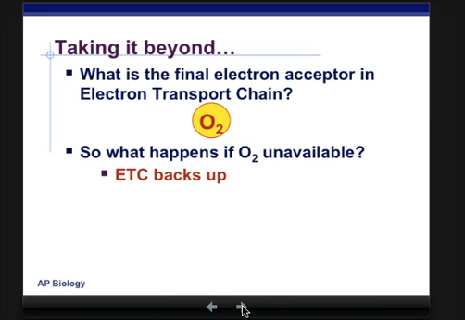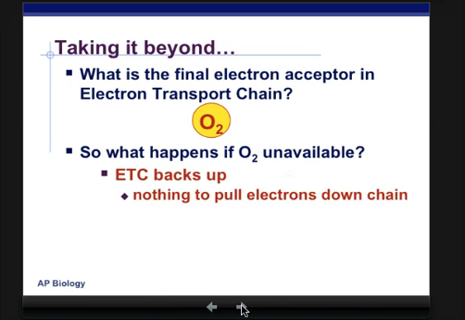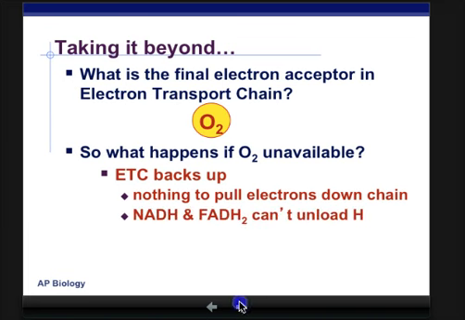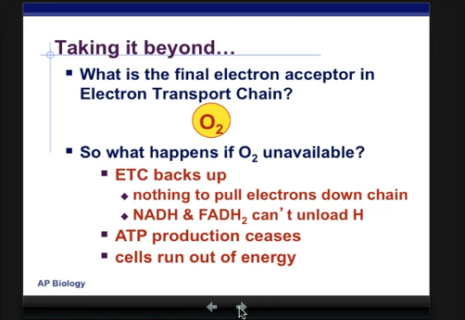The electron transport chain is going to back up, and there's nothing to pull the electrons down the chain. And NADH and FADH2 can't unload their hydrogens, and you stop making energy. Okay? That's why oxygen is crucial for this reaction. Okay? So without oxygen, you die.